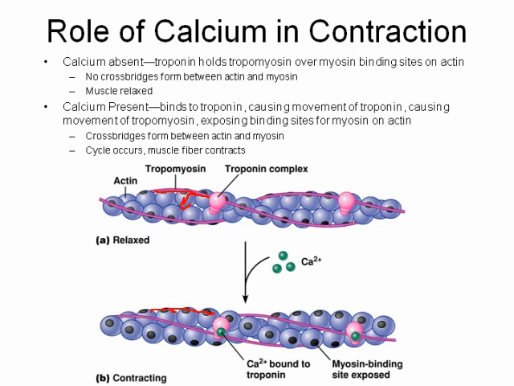It is shifted from this position to this position, exposing all of these myosin binding sites. And this, of course, is by exposing the binding sites on the actin for the myosin. It's going to allow cross-bridge formation, and it's going to allow the cross-bridge cycle to occur and contraction of the muscle.